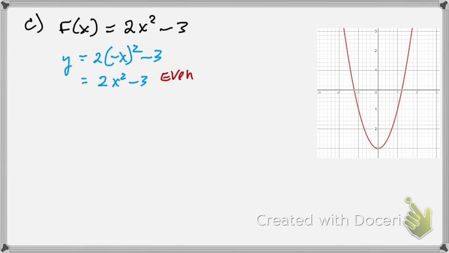Here's a question. What if I had a graph that looked like this? Give me a sec. That. What's the equation going to be?